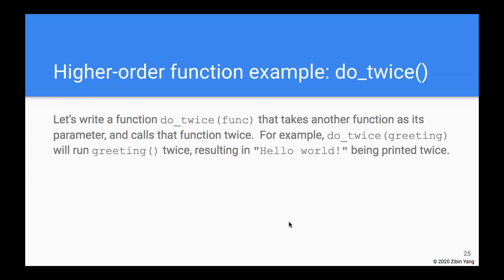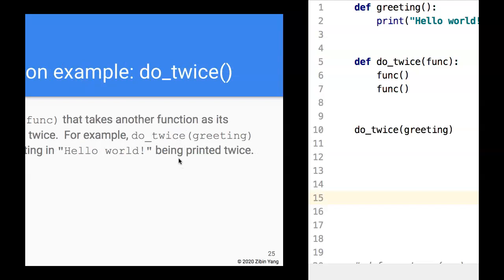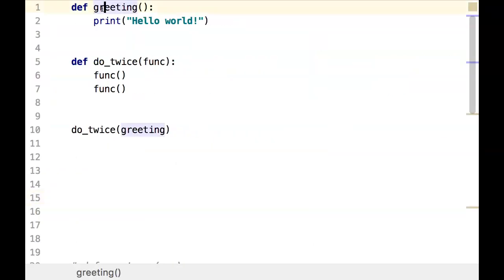Our first example of such a function is what I'm going to call a do twice function. It takes another function as a parameter, and it'll call that function twice. Let's say we already have a function called greetings, and when we call do twice with greetings as its argument, it will run greetings twice. Greetings just prints out hello world.